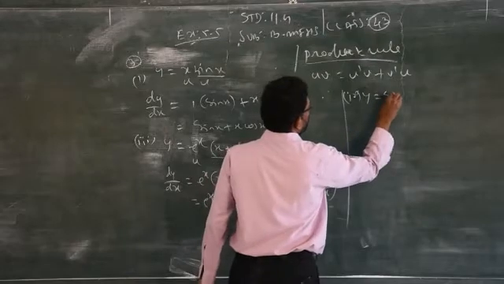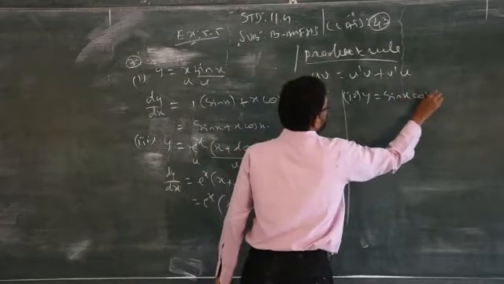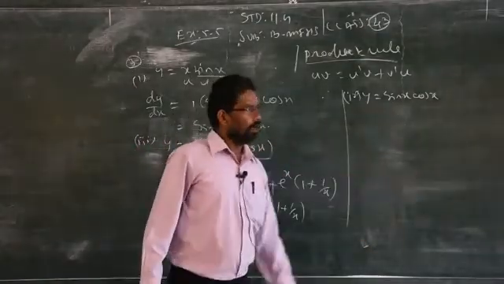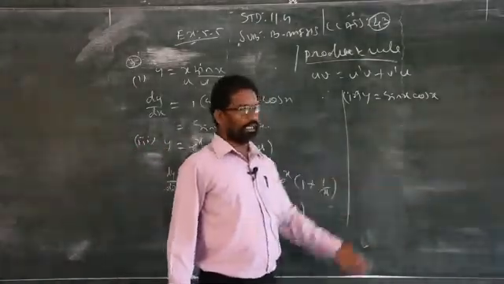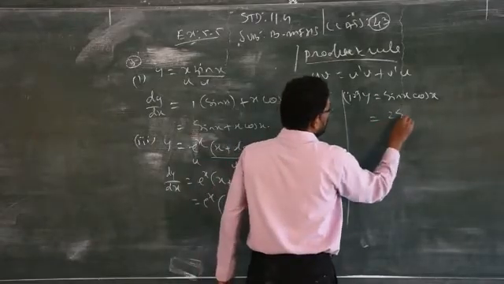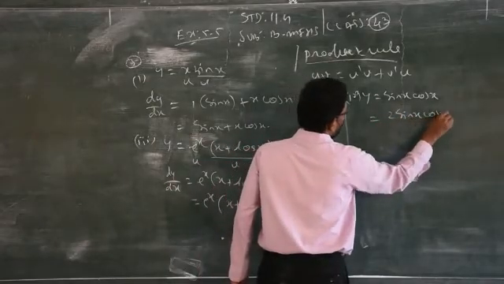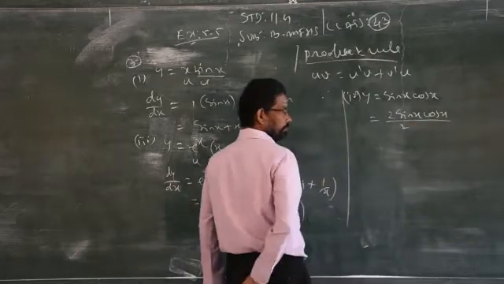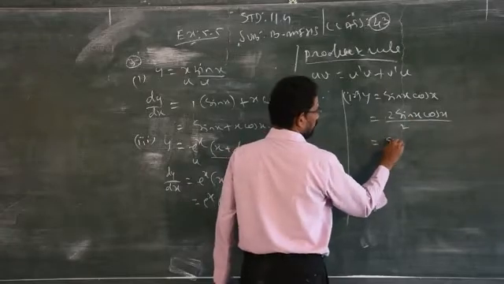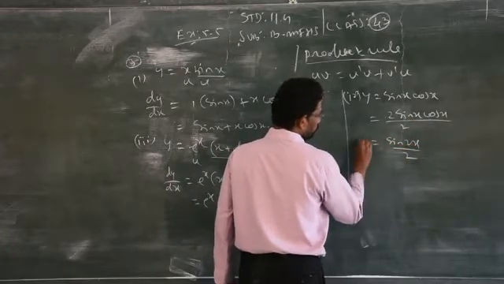y is equal to sin x cos x. There are two methods. You can apply the trigonometrical ratio formula and you will get the answer. To apply the trigonometrical ratio, you have to multiply the numerator and the denominator by 2. So, 2 sin x cos x is nothing but sin 2x by 2.